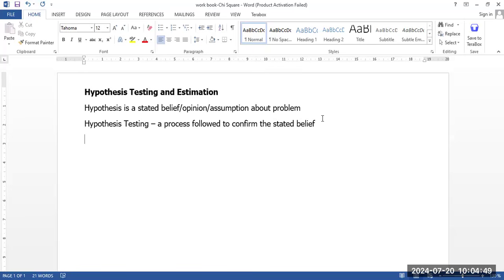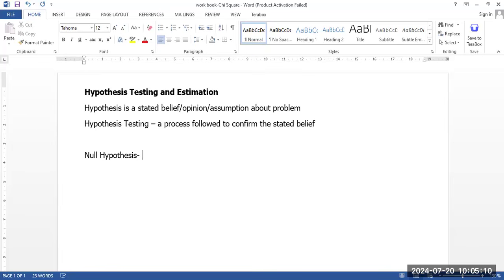So what you state, as we do testing, we always have two opinions. The one you state, the one we want to test, is always the null hypothesis. This is the one you state.